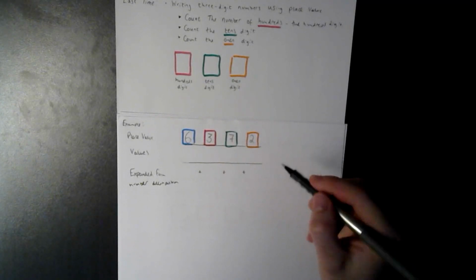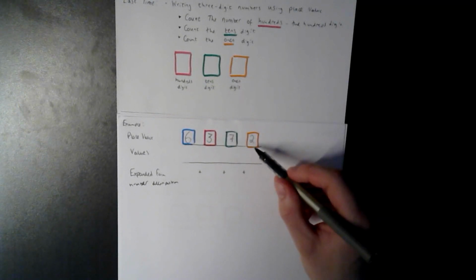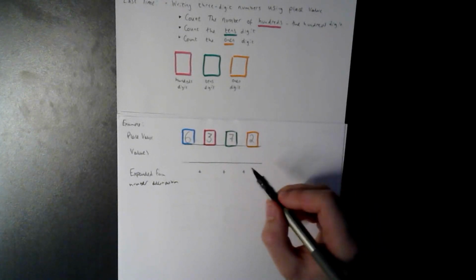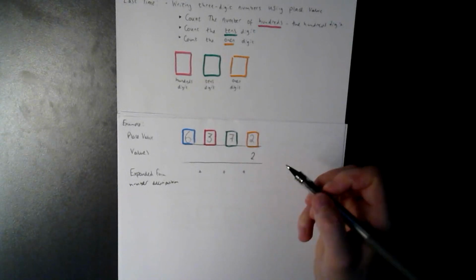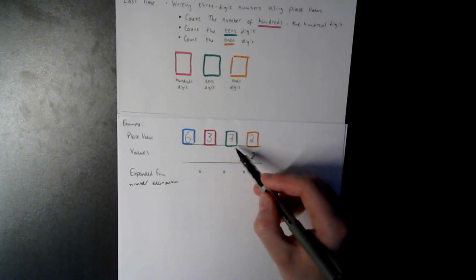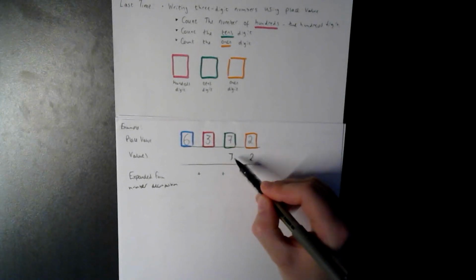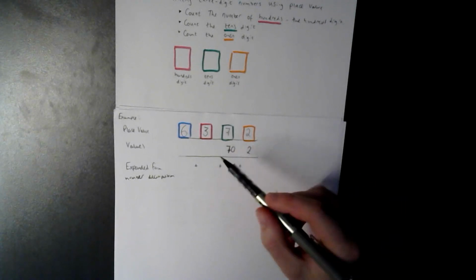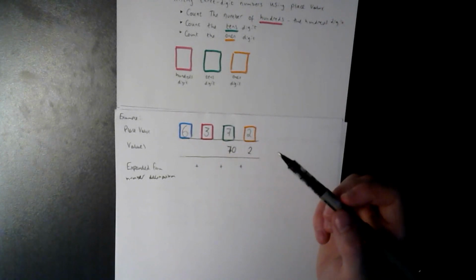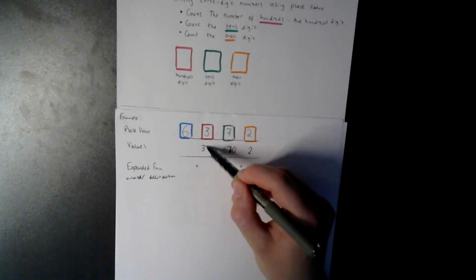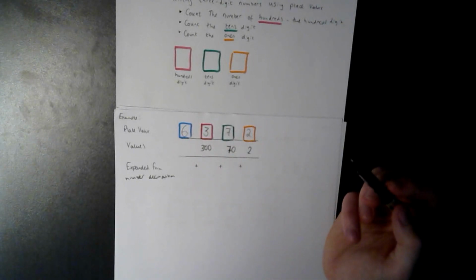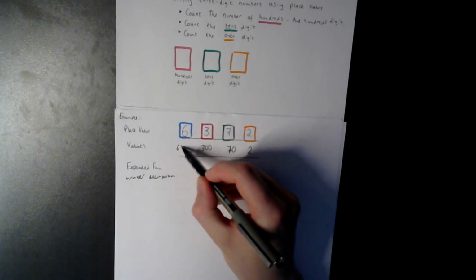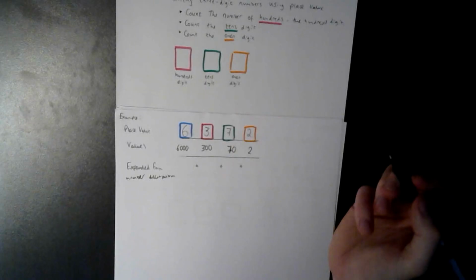Okay, so starting from the right, we have 2 ones, which just is the number 2. There's 7 tens, 70, 7 followed by 1 0. There's 3 hundreds, so that's 3 followed by 2 zeros, and there's 6 thousands, so that's 6 followed by 3 zeros.